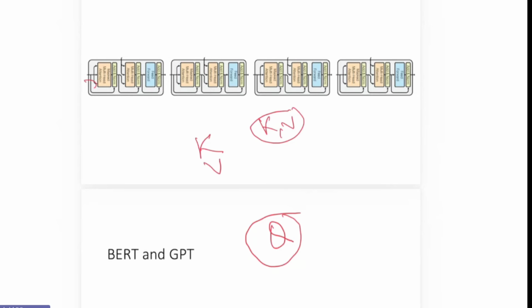Suppose you are asking things from a PDF. The key and value would be generated from the PDF, and then you are asking a question. That is your query. So now Q will be generated from your question, and then it will go and find the attention with the key, then multiply with the value, and that will give the refined output, and finally you will get your answer.